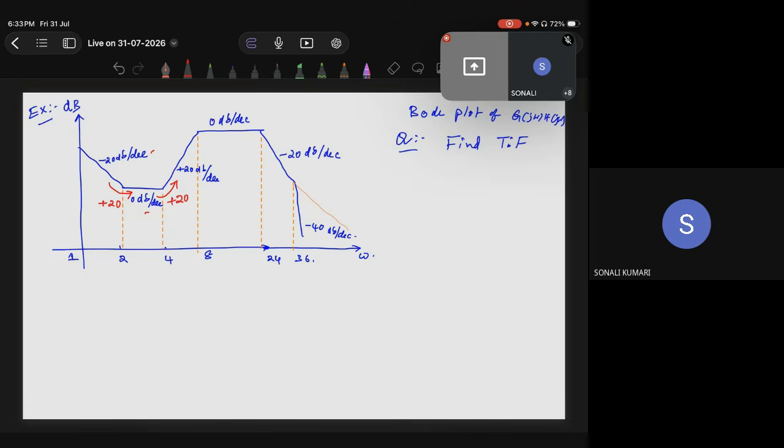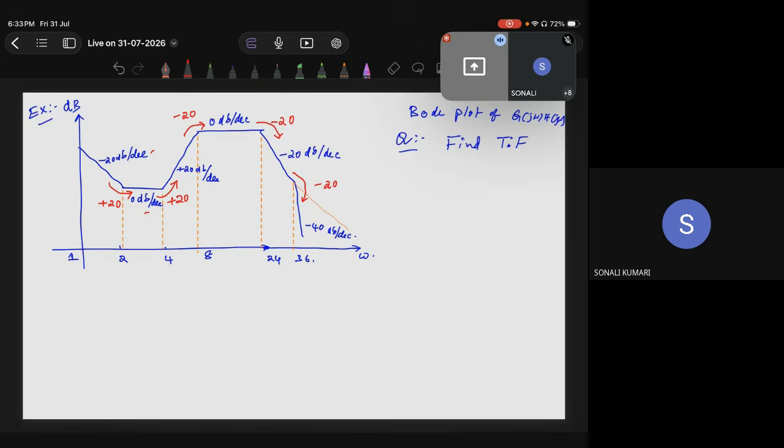From plus 20 to 0, the slope change is minus 20. From 0 to minus 20, again minus 20. From minus 20 to minus 40, the slope change is minus 20. Is this clear? Any doubt?